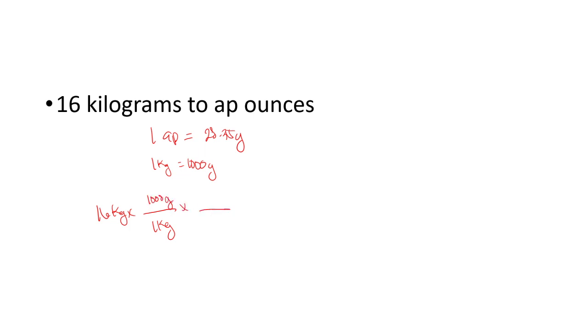And since gram is on the top, gram should be on the bottom: 28.35 grams is 1 apothecary ounce. Kilograms, kilograms, grams, grams. We have 564.37 apothecary ounces.